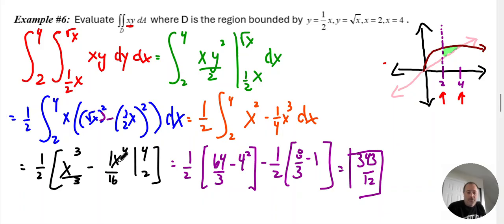And then what I did is I did 4, because I didn't know what 4 to the 4th was without a graphing calculator. So I realized that, well, 4 squared is 16, so I'm just left with a 4 squared over here. And then minus 1/2, plugged in my 2 to both my functions, and yet again, I have forgot the 16. I must have done this really quickly. And then my final answer is 343 over 12.